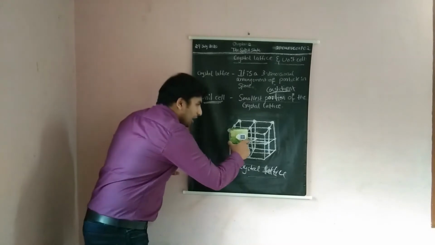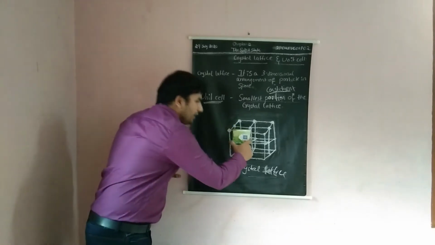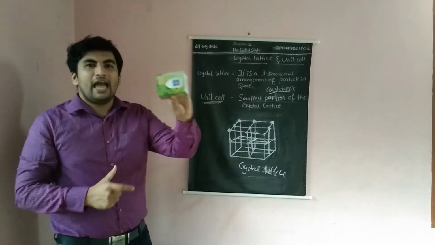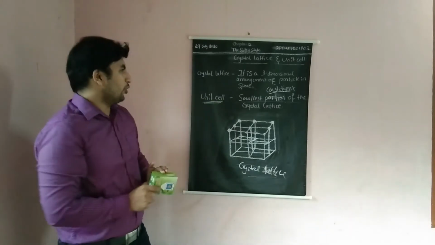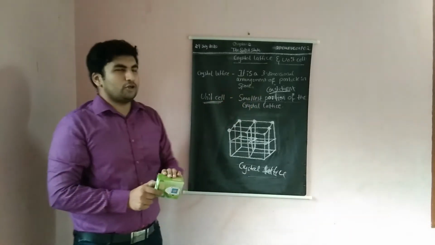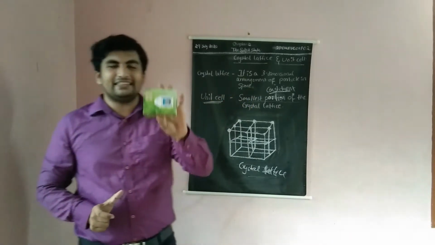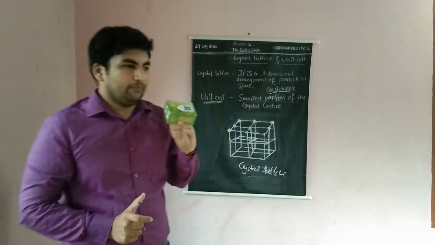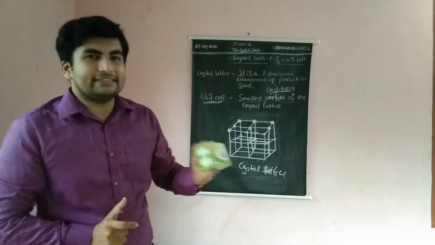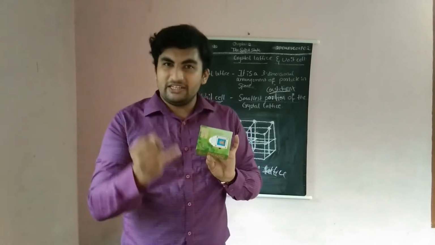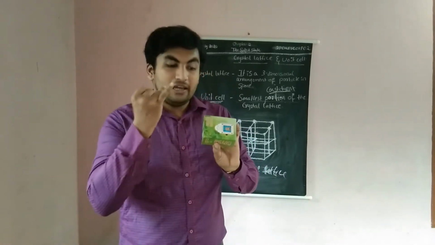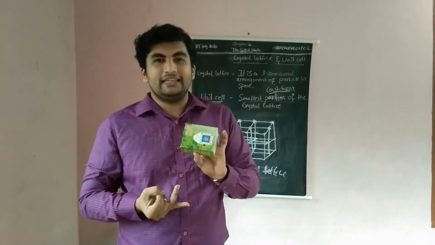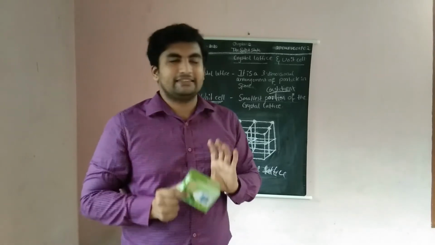I take one smallest portion from this as a unit cell. So in the unit cell there are edges, lattice points, and faces.